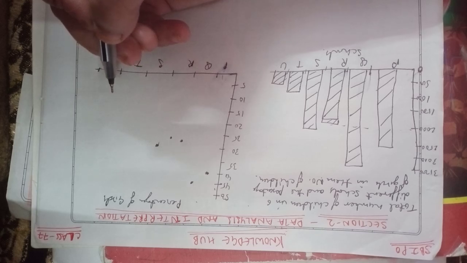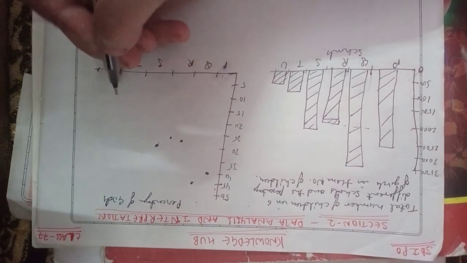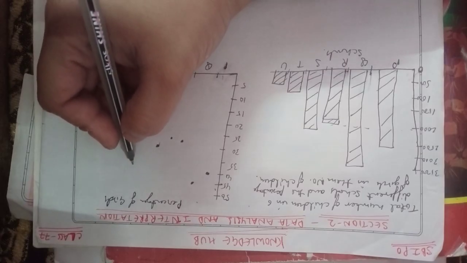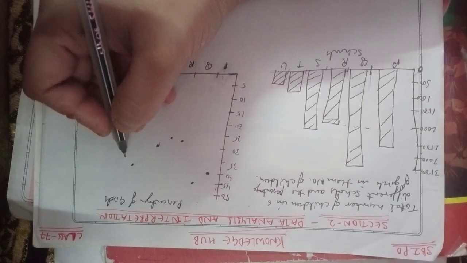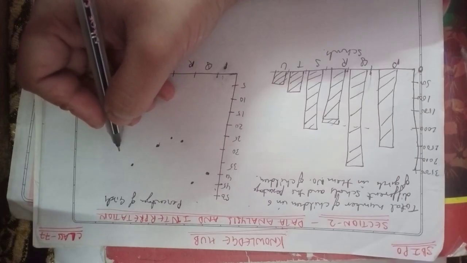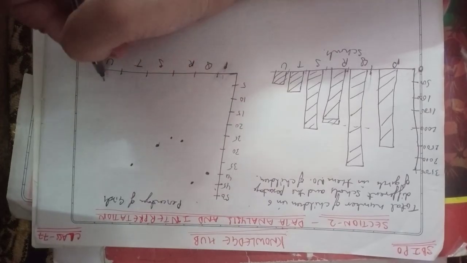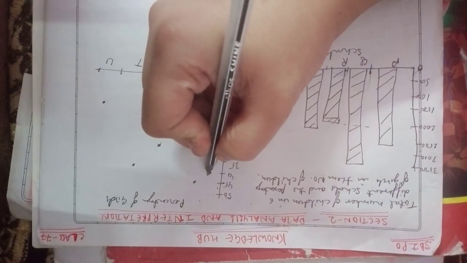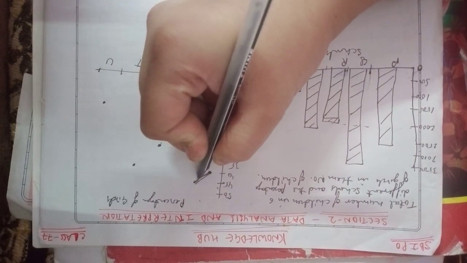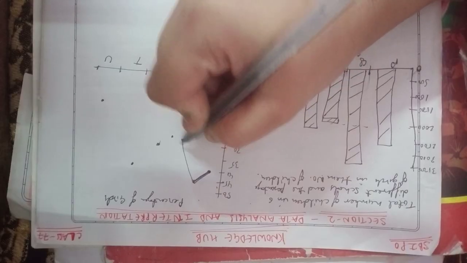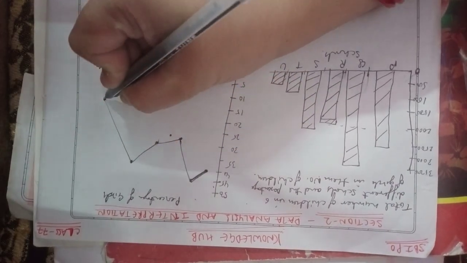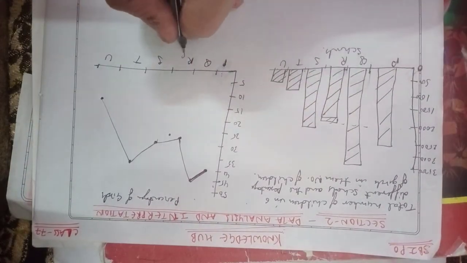Then T will be on 40, and for 15 to 20 it will be here itself. So while connecting this, this is another diagram with respect to school.